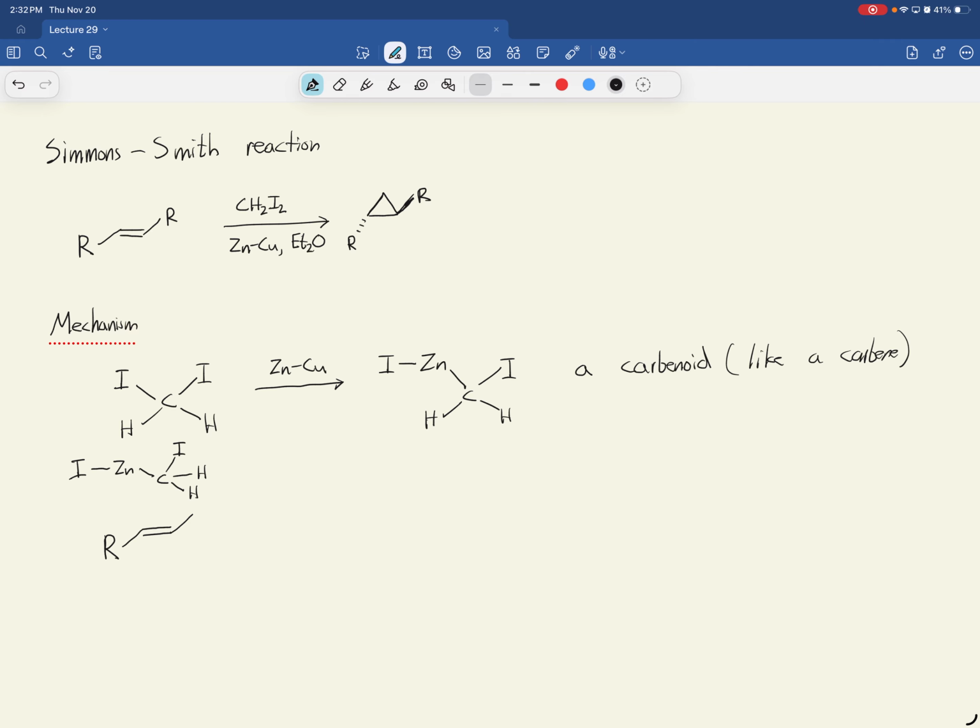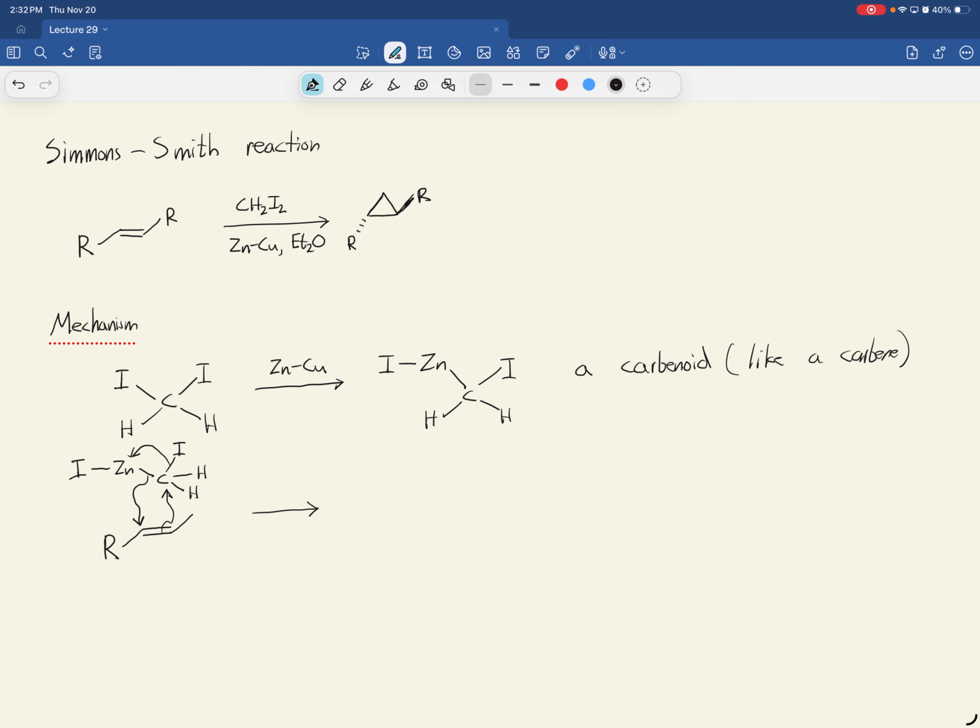All right. So think of this carbon atom as a carbene. It's going to insert. Okay. So what happens is this is going to attack the carbon atom. This iodine is going to go to the zinc, and then this bond here is going to come down and attack the alkene.